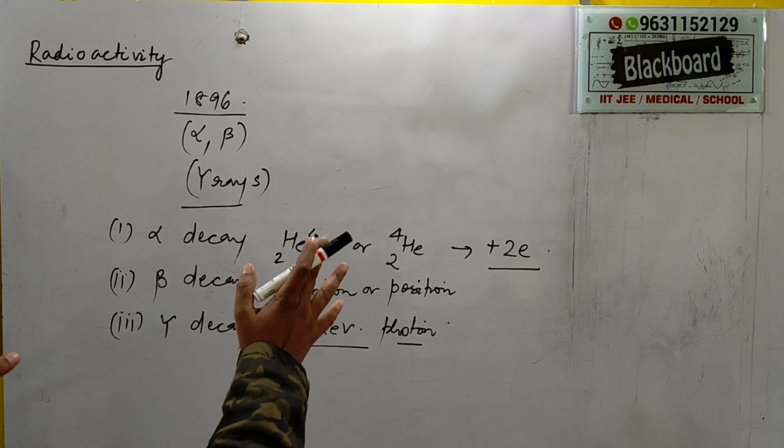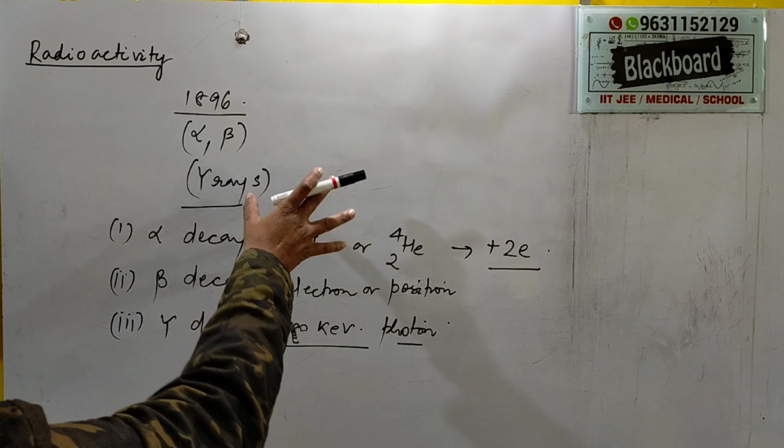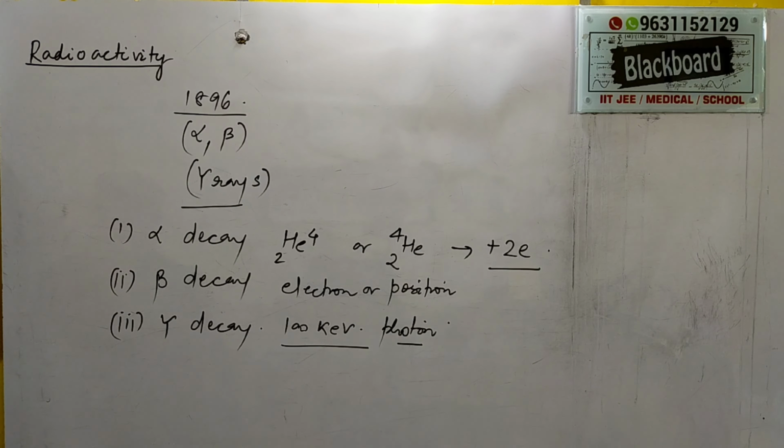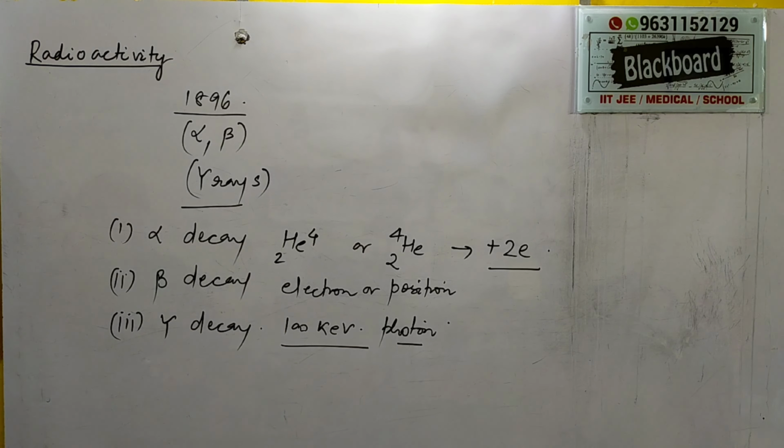Some important properties of alpha particles: they are deflected in electric and magnetic fields. The velocity of an alpha particle varies from 0.01 to 0.1 times the velocity of light. Alpha particles have low penetrating power, which varies up to 8.6 centimeter for different radioactive elements.